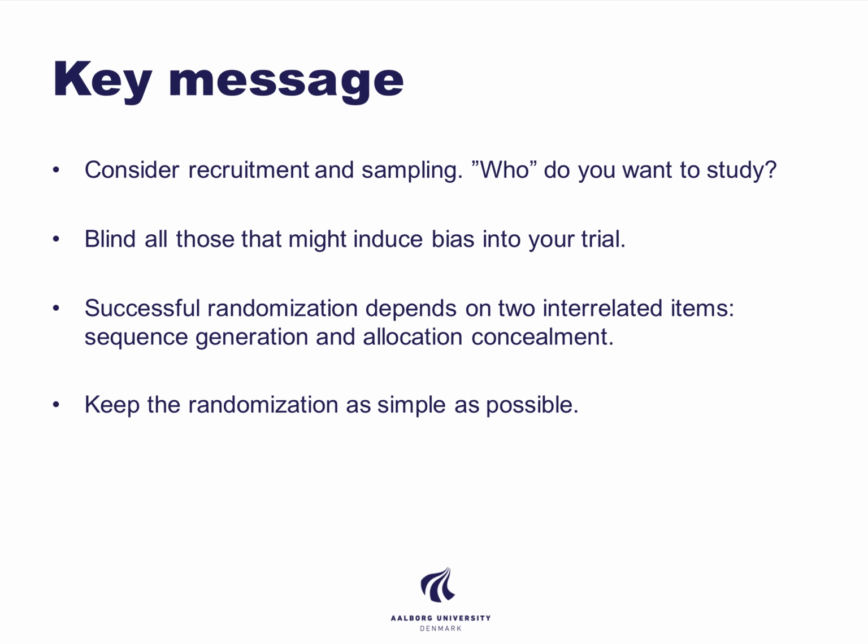And an advice is to keep the randomization as simple as possible, and always bring in a statistician or someone similar that has experience with randomization before you decide on how you want to randomize. Because randomization is not just about flipping a coin. There's so much more to it, and you need to bring in expertise before you decide on how you will actually do it.